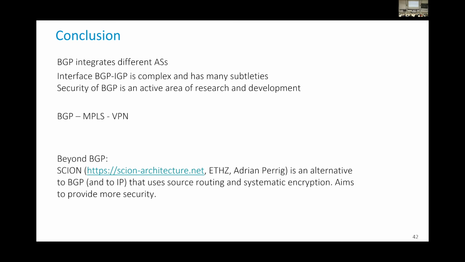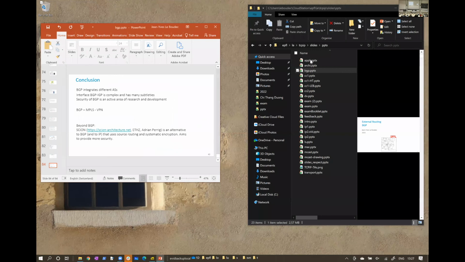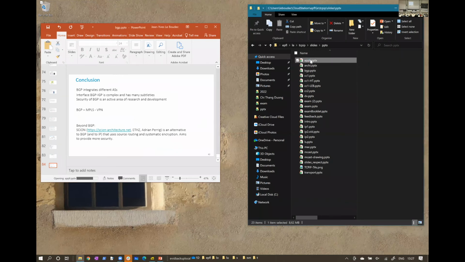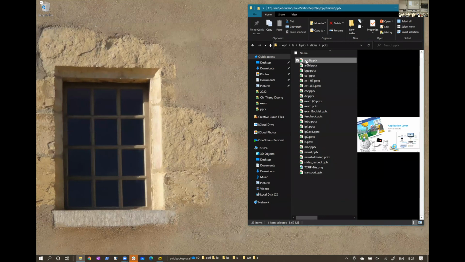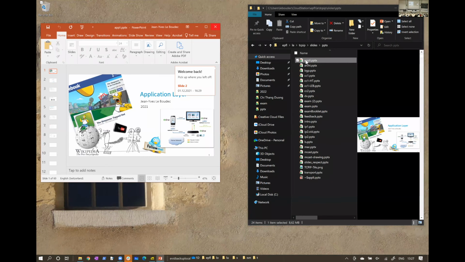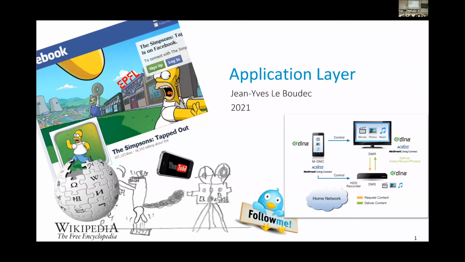The next topic is radically different and is the application layer. The application is more funny, of course, because that's what we do with the internet.